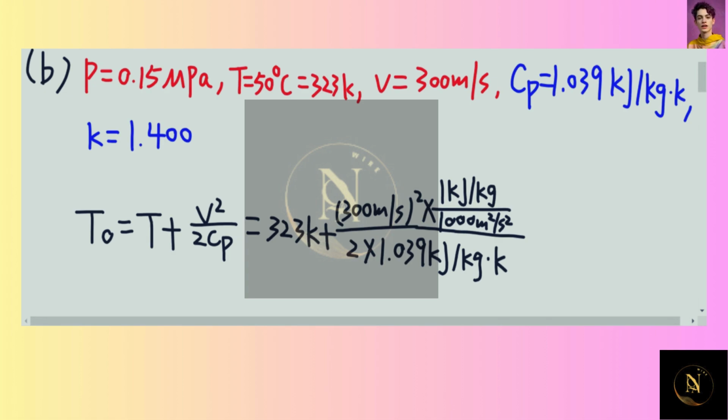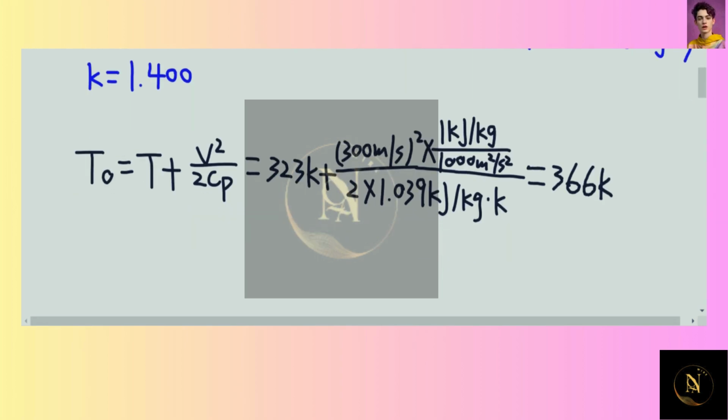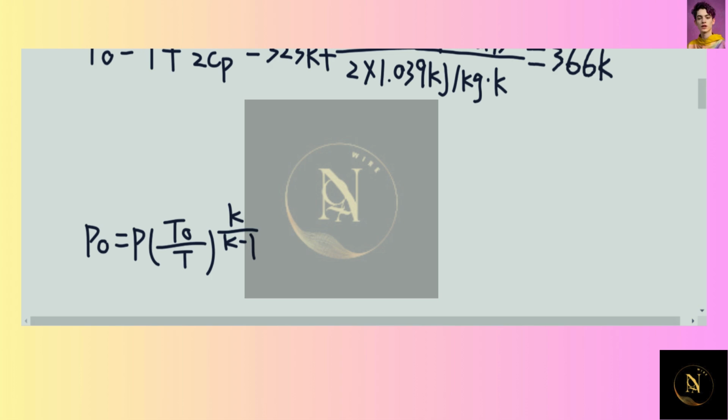And this will give us the stagnation temperature of about 366 Kelvin.